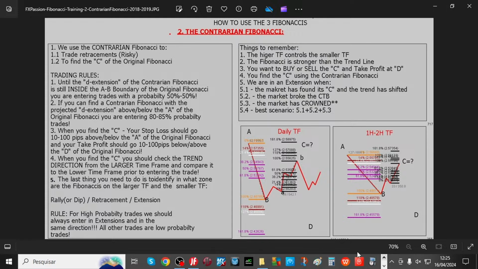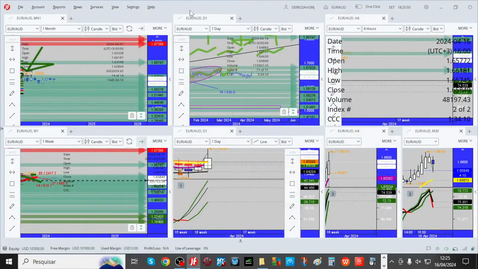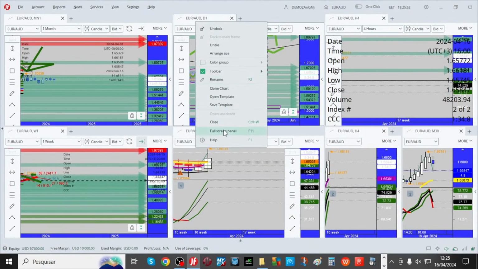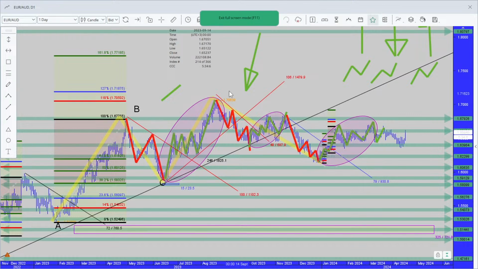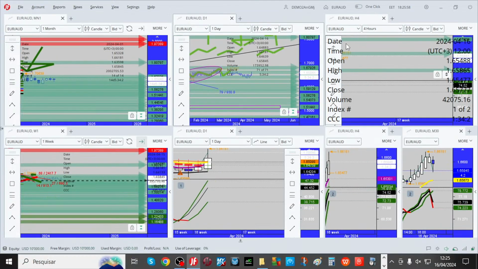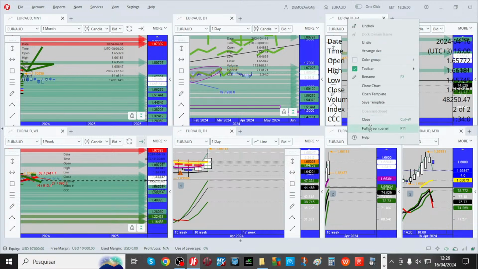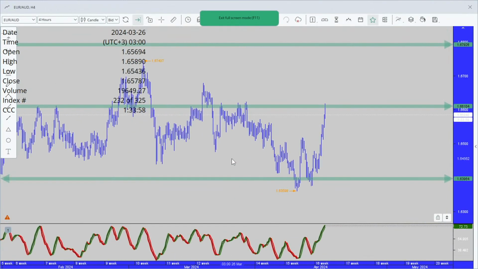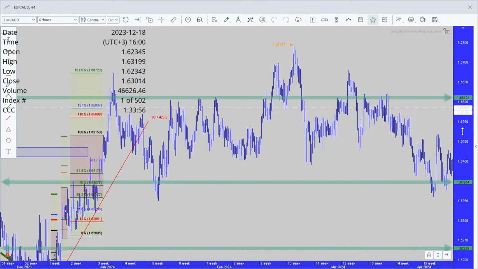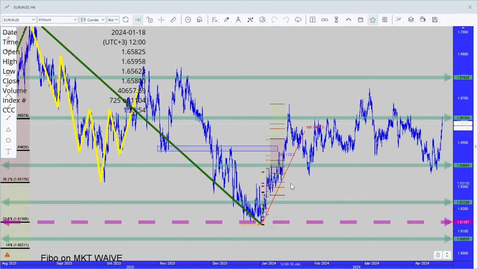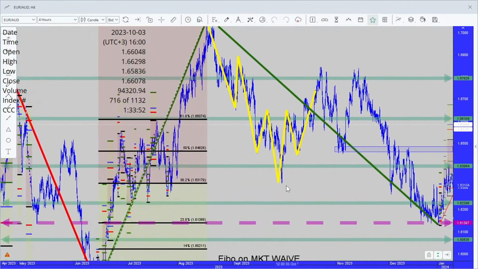Now, what does this mean on the chart? I'm on the Euro AUD daily chart, or let me see, I'm not sure if I have the 4 hour. Give me a second, everybody. Oh, I do have it.